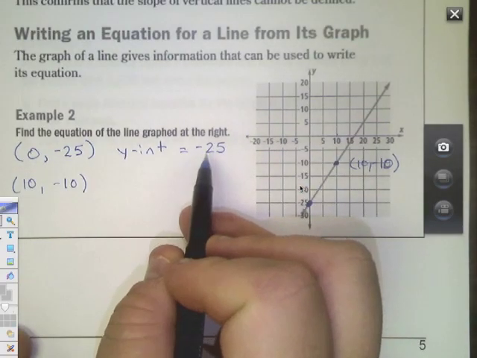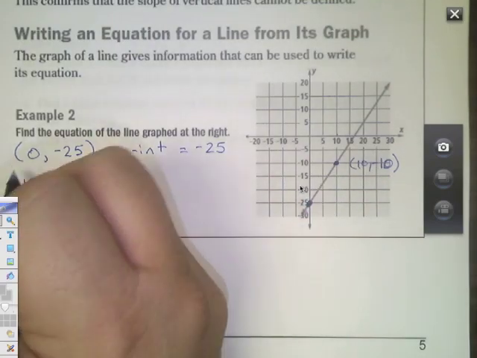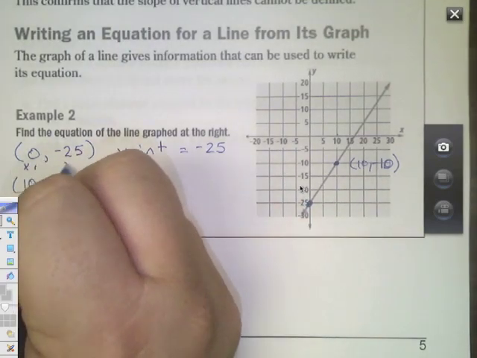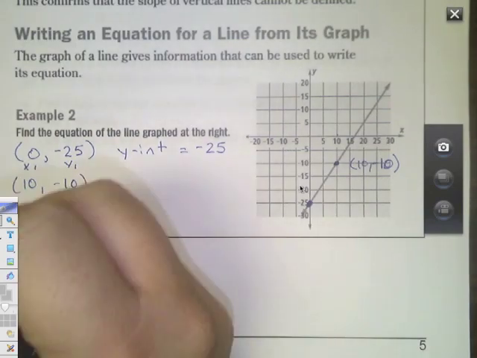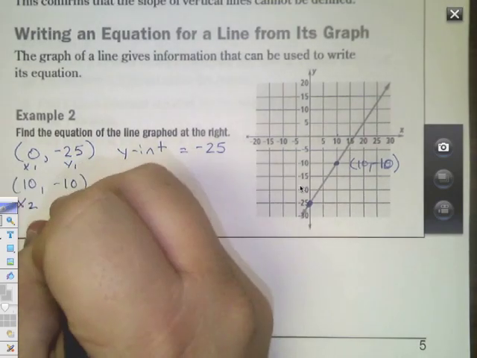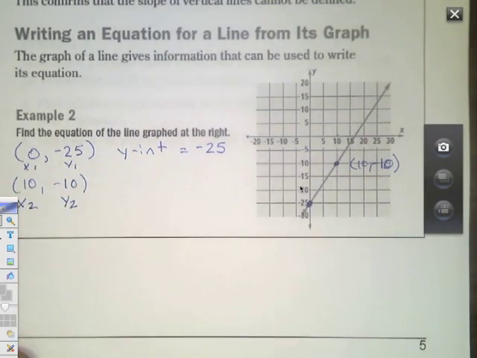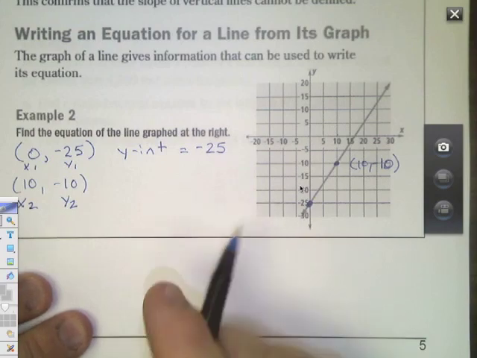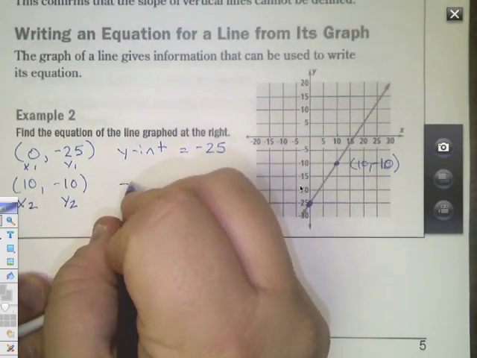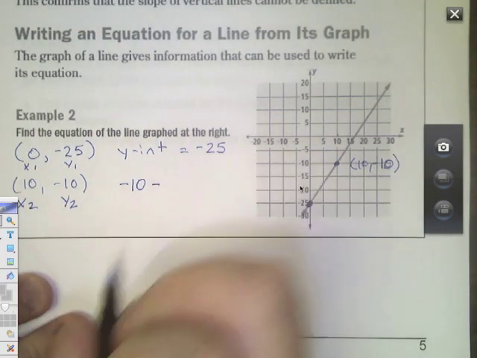My y-intercept is -25. (0, b). What's b? -25. So, I'm going to call this x1. I'm going to call this y1. I'm going to call this x2. I'm going to call this y2. Okay? And I'm going to find slope now.